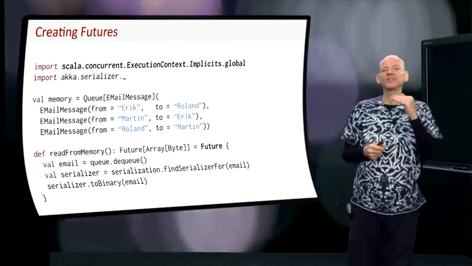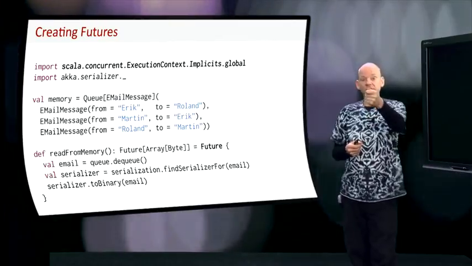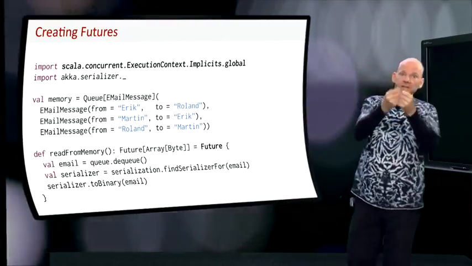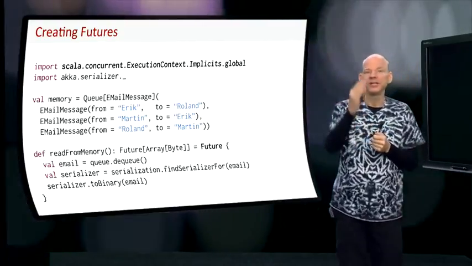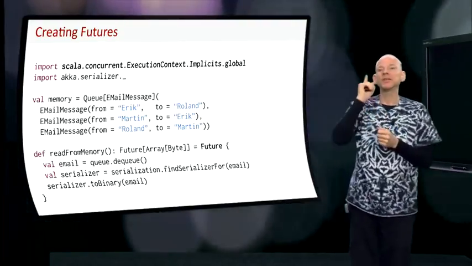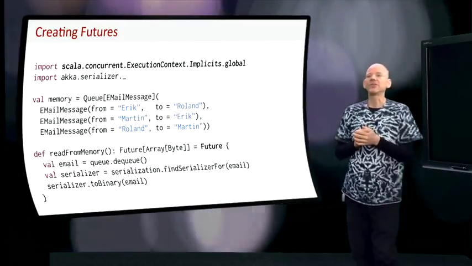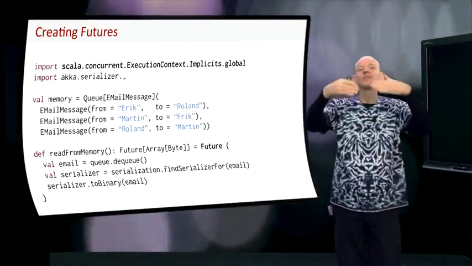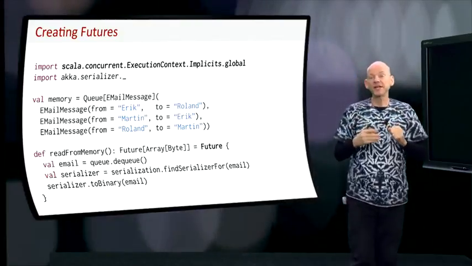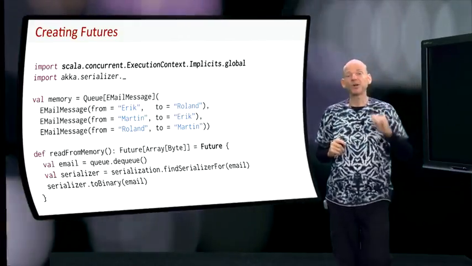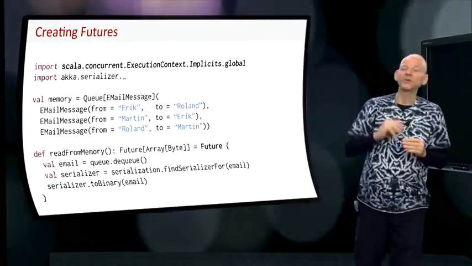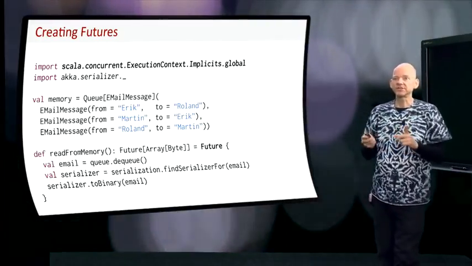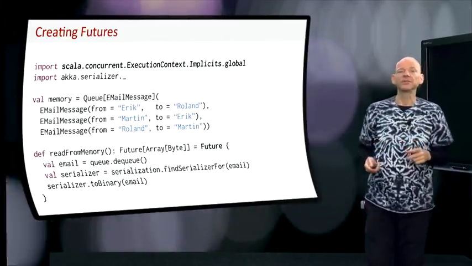But now notice that whenever I put a callback to this readFromMemory, the code in that body will be executed only once. So it's not that when you register 2 callbacks that 2 emails will be read. All right? So that's important. So here's a body with side effects, but for every callback, the side effect will happen only once. So this is a very important thing with a Future.